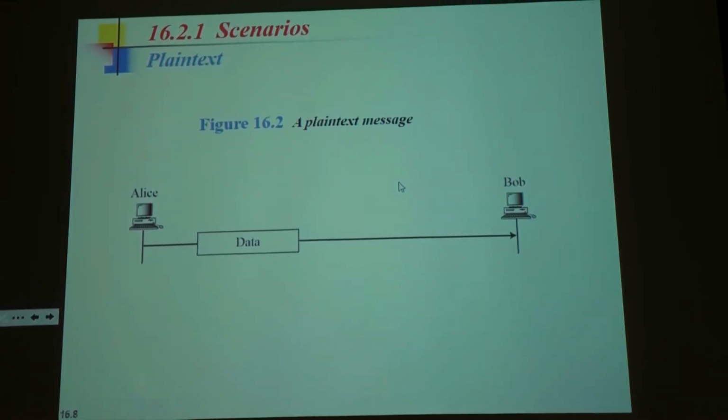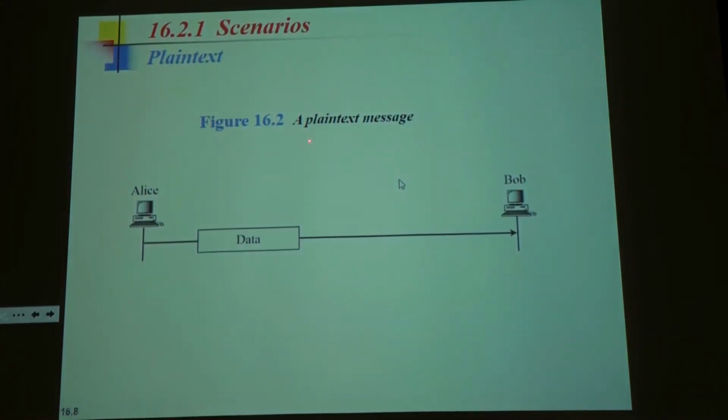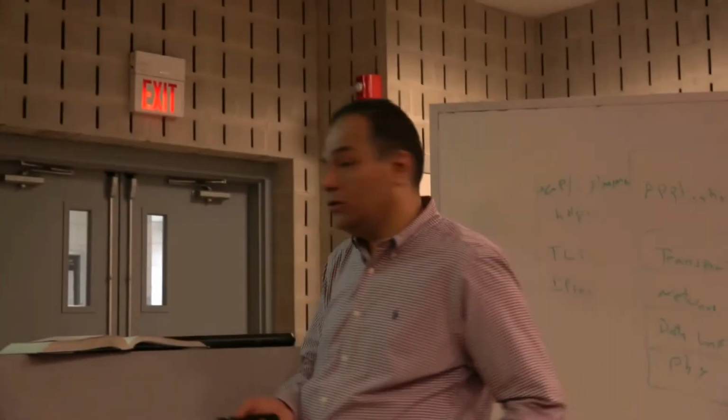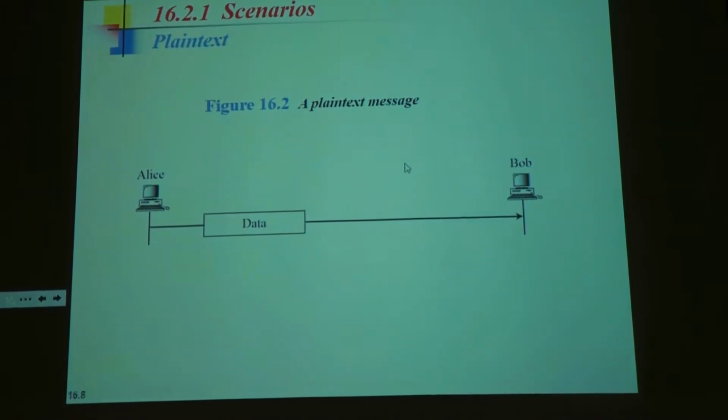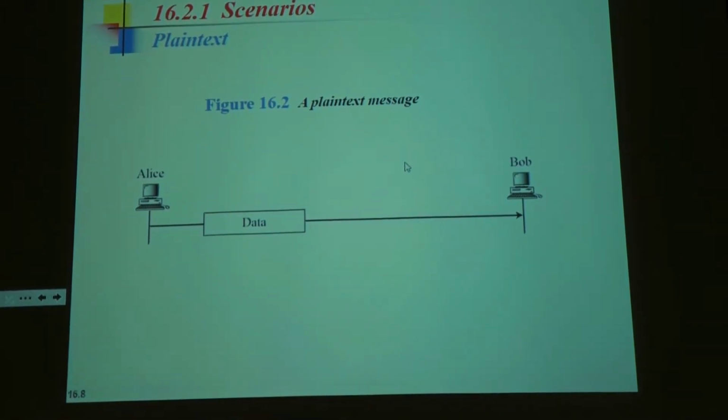In a plain text message, Alice could send the data as plain text over the internet. This is completely not secure. Anybody could snoop or spoof and read the data as plain text. Maybe most of us do that.